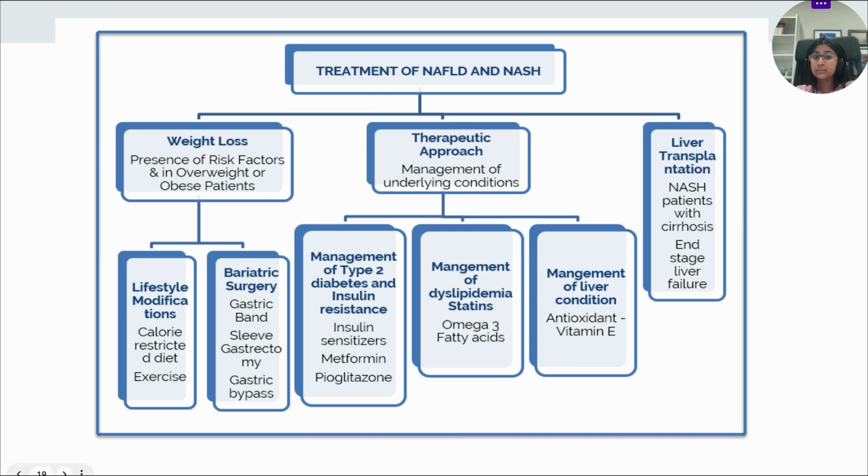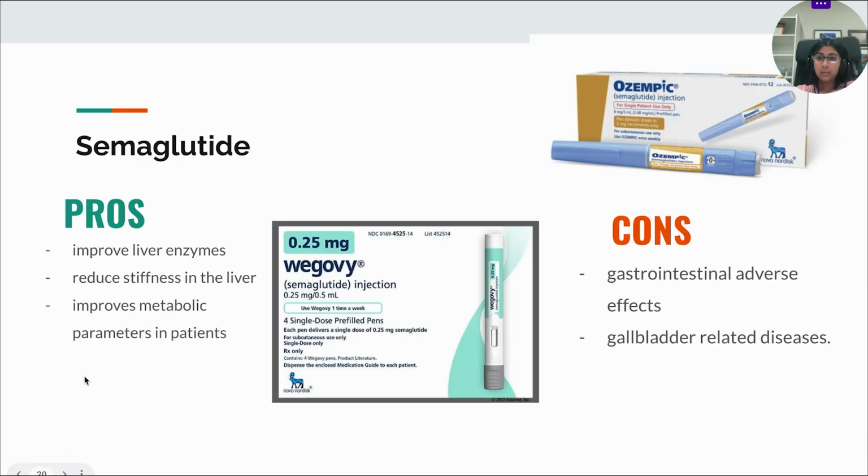So here are some new treatments. One big treatment that is used for MASLD is semaglutide. Semaglutide has historically been seen with semaglutide injections, which are used for treating obesity as well as diabetes.